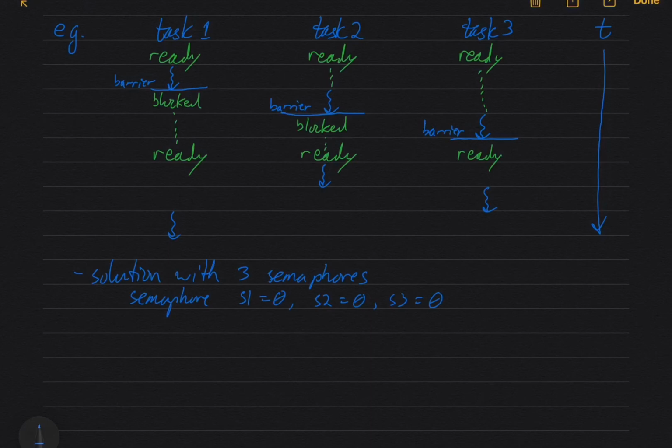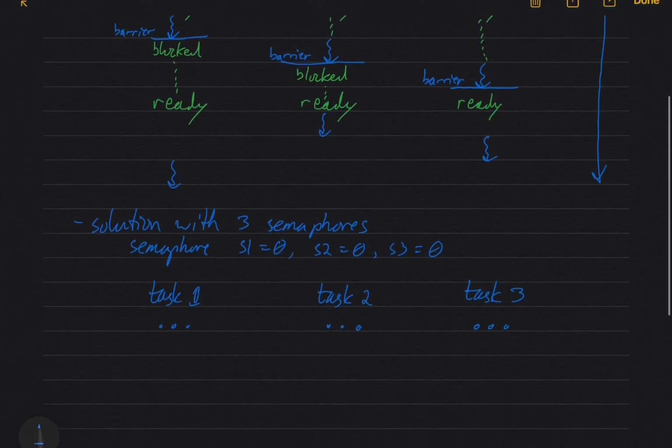So now you should try to envisage how the 3 tasks will interact with those semaphores to implement a barrier. So they each execute a bit, and then they want to synchronize.